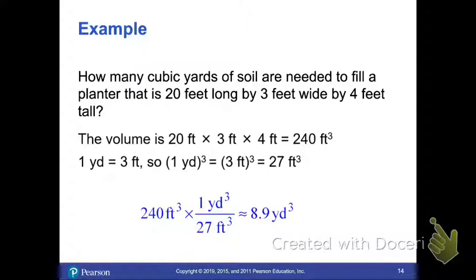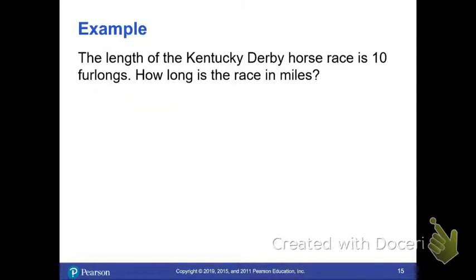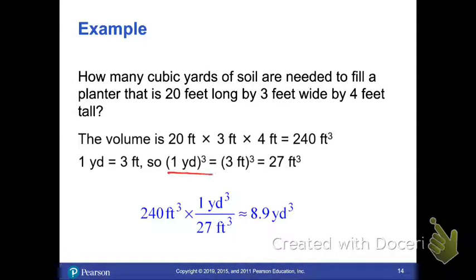Okay, so now we're using this conversion factor of 1 cubic yard, excuse me, 1 cubic yard is equal to 27 feet cubed. And since I have the volume of 240 feet cubed, I write that here. I know I want the feet cubed in the denominator so my feet can cancel.